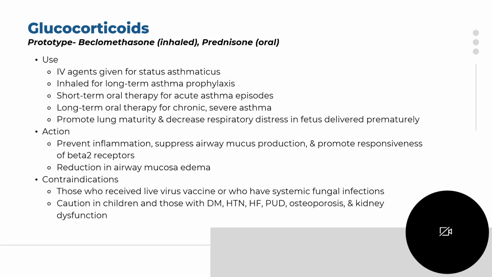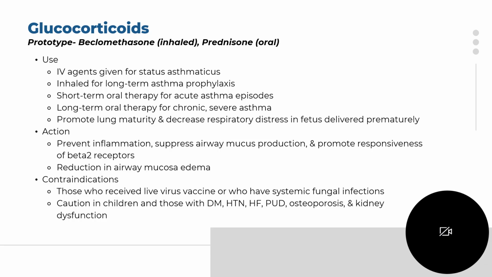Okay. It can be inhaled for long-term asthma prophylaxis, short-term for acute asthma, and then if people have more chronic severe asthma, they take oral prednisone. When babies are born prematurely, this is given to help stimulate their lung maturity and to decrease respiratory distress.